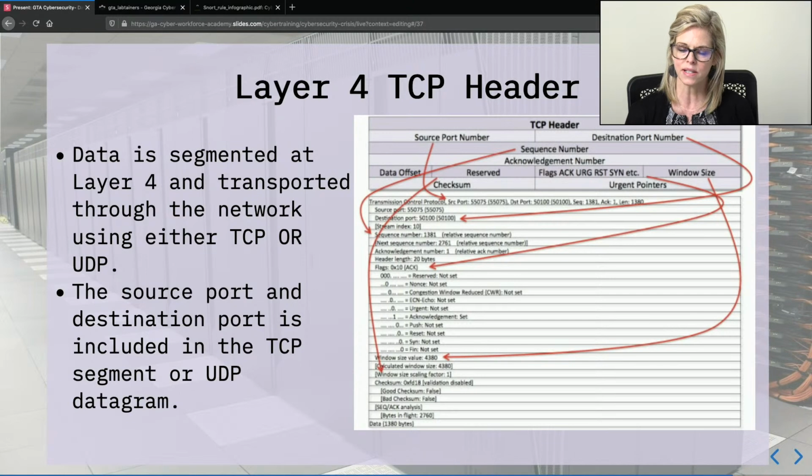This is where we assign the port address, and the port address is specific to the type of service that is being rendered in the application. So if it's HTTP, for instance, if I am sourcing this from a dynamic port and I'm going to a web server, then the destination port would be the well-known port of port 80 for HTTP.